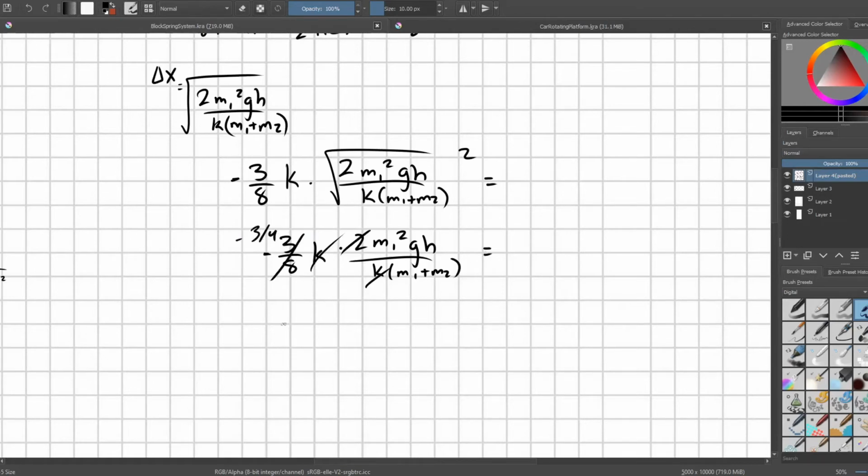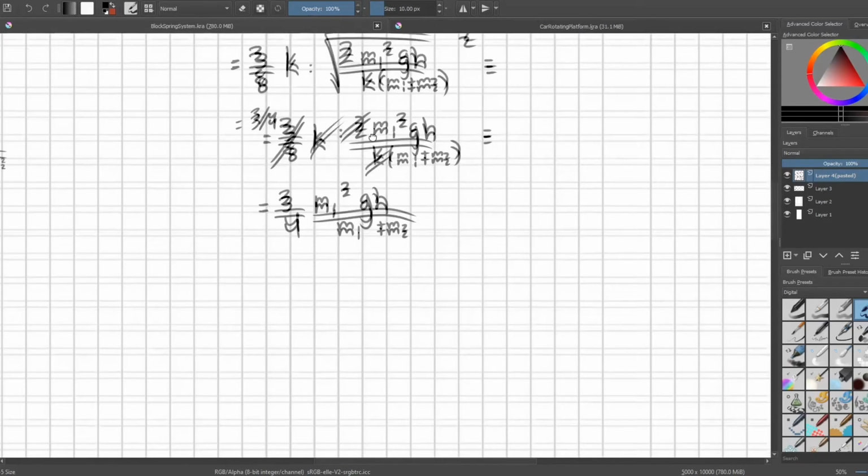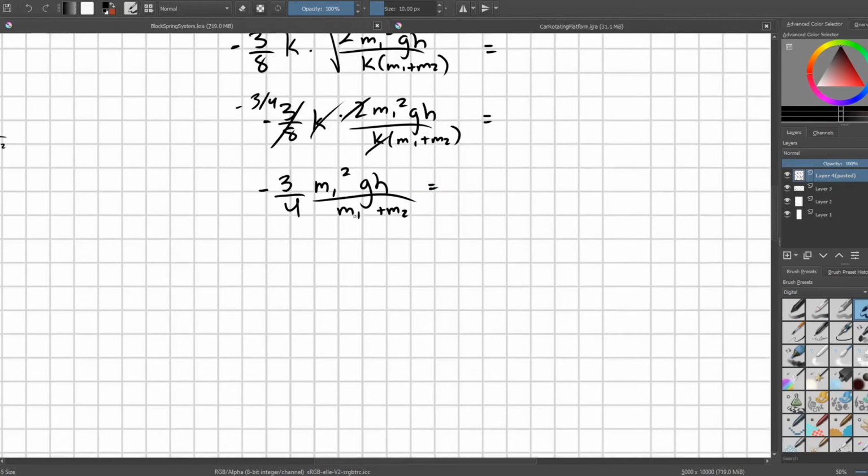So we're going to get negative 3/4 times m1 squared gh over m1 plus m2. And I'll rewrite this as a single fraction: negative 3 m1 squared gh over 4 times m1 plus m2.